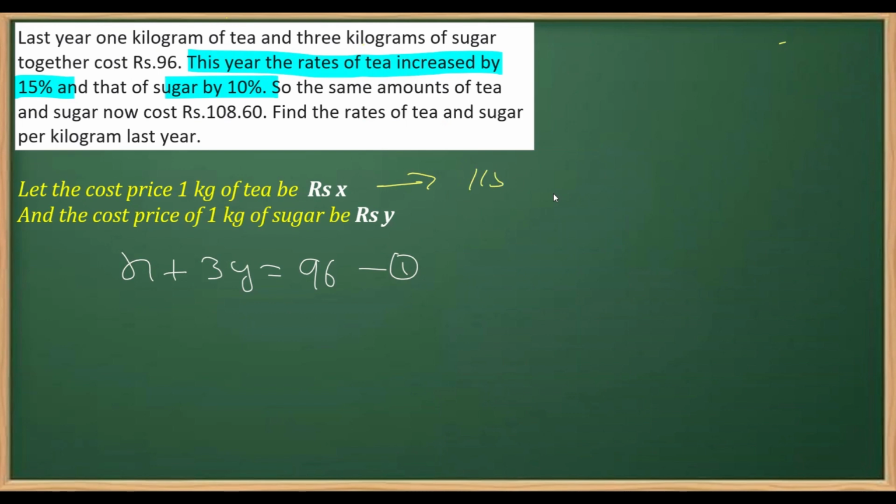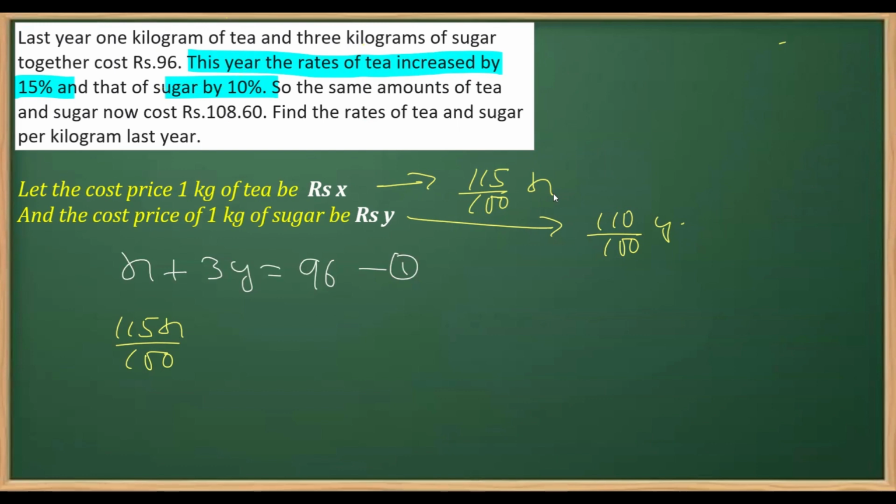So it should be 100 plus 15, that is 115 upon 100 into X. And similarly, for sugar, it is increased by 10. So 100 plus 10 is 110, divided by 100, into Y. Right. So now I'm going to frame the next equation. This is the price of 1 kg, because the amount is the same. It's very important.